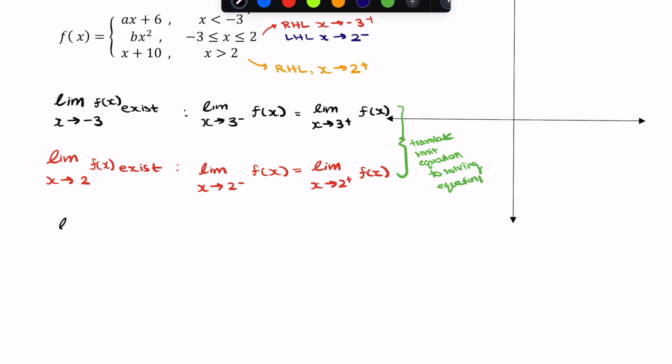The limit as x approaches -3 from the left, that formula is given to us as ax plus 6, is equal to the limit as x approaches -3 from the right, and that formula is bx squared.